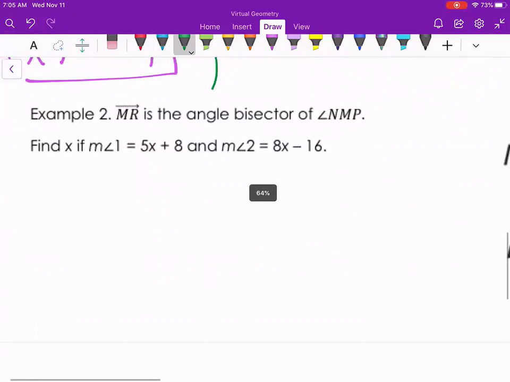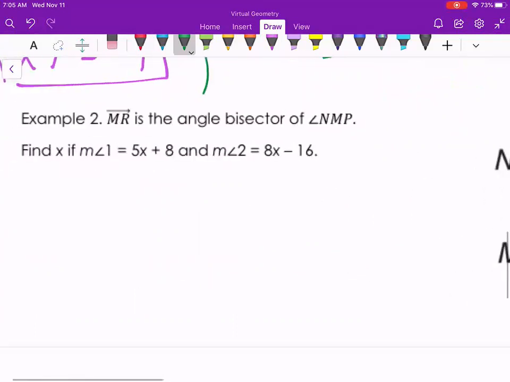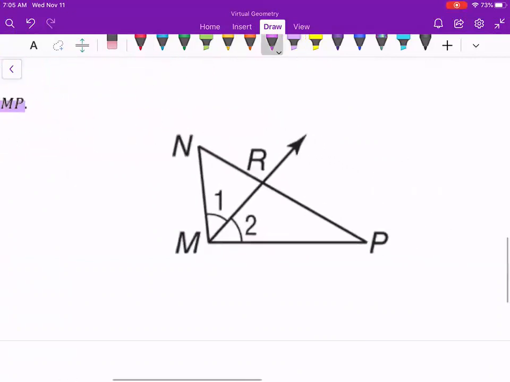Ray MR is the angle bisector. Just knowing that bit of information, I can use that to find my two congruent parts of an angle here. So in this figure, MP is the angle being bisected, and it said ray MR is the bisector.